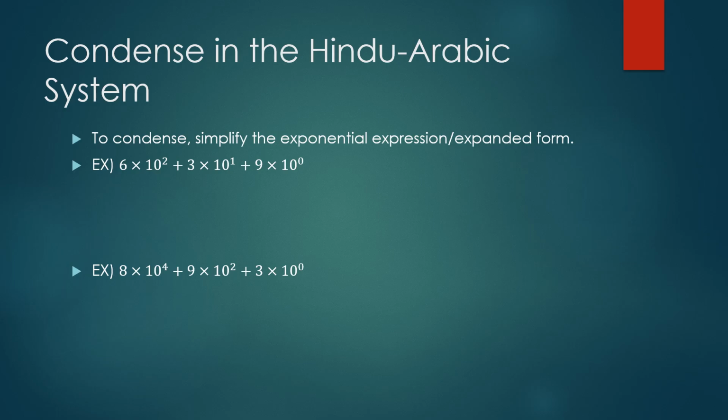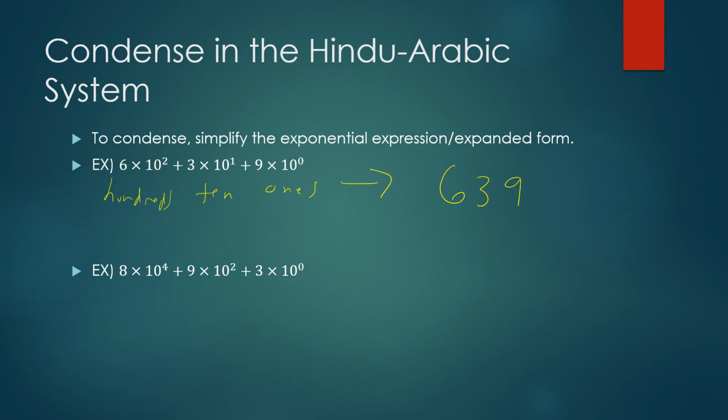So if we have 6 times 10 to the second plus 3 times 10 to the first plus 9 times 10 to the 0, remember that each digit gives me the value and each power of 10 tells me the place. This tells me the hundreds place, this tells me tens, and this tells me ones. So this is going to be 639.